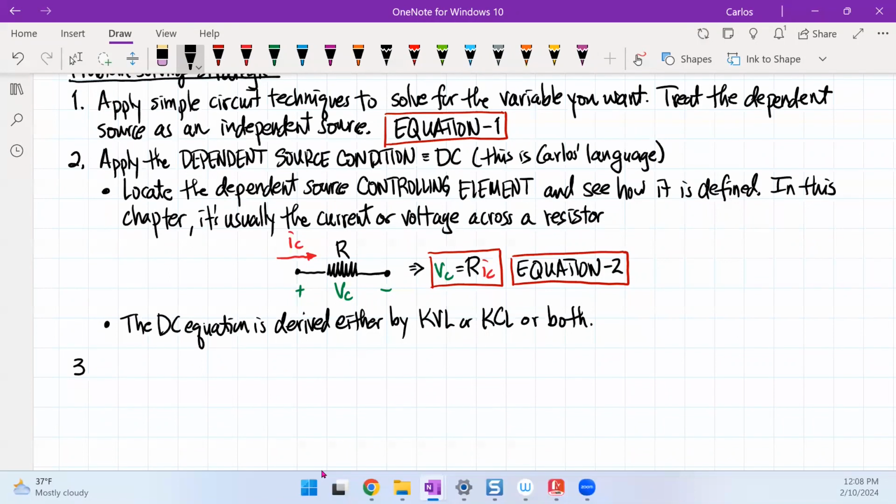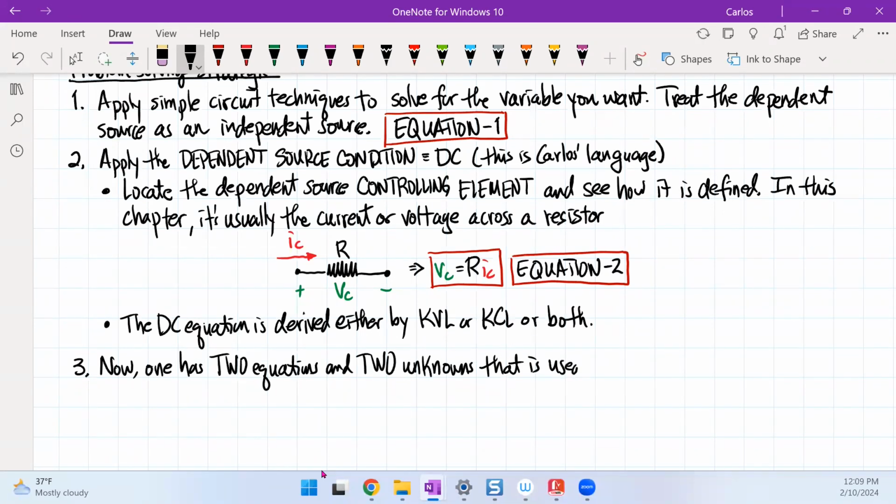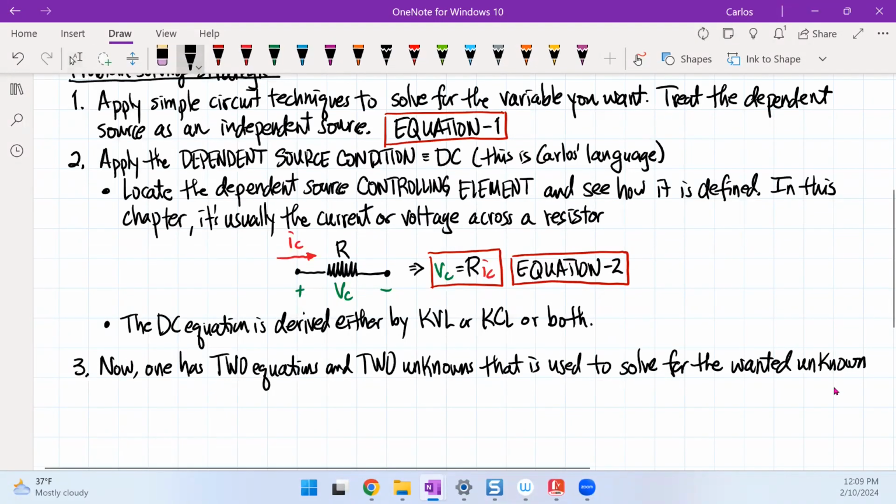So now the third thing here is that now you have 2 equations and 2 unknowns that is used to solve for the wanted unknown variable x.